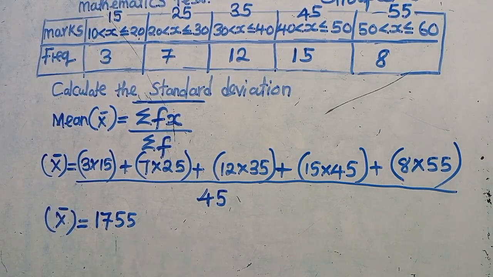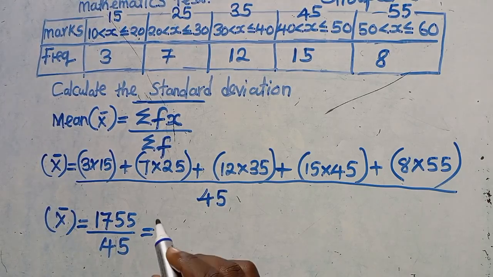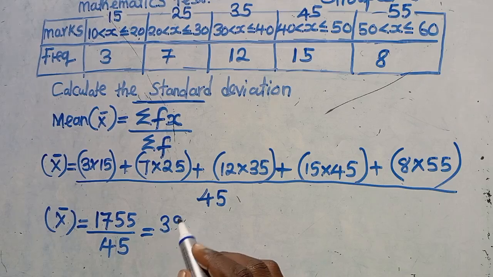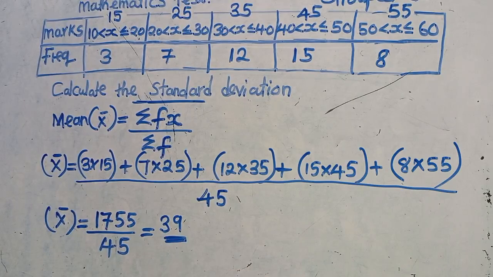This is the answer that I'm getting. I divide this number by 45. The answer that I'm getting is 39. So this is my mean. Mean is 39. After finding this 39, the next thing is to find the variance.